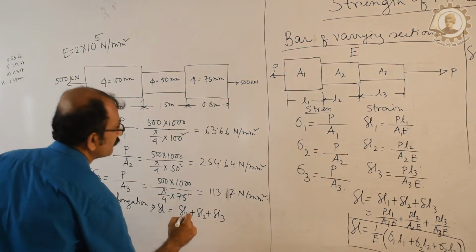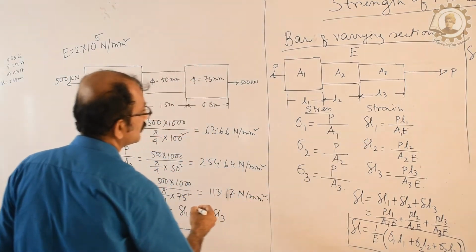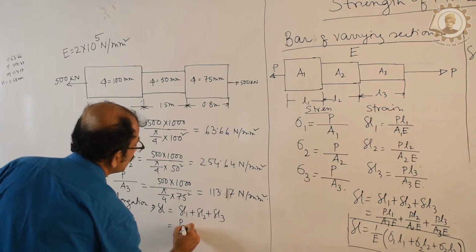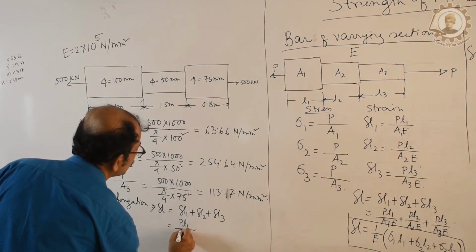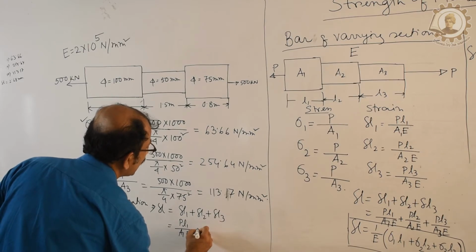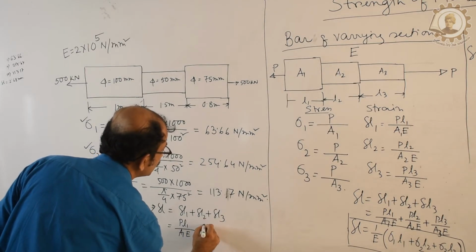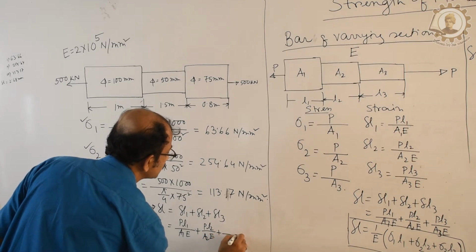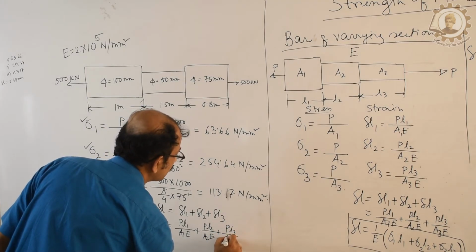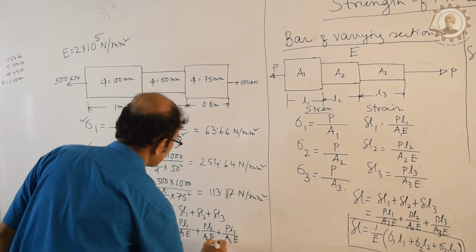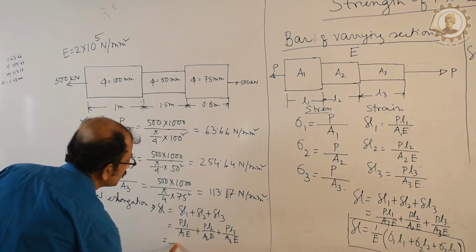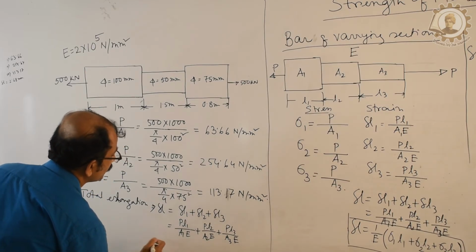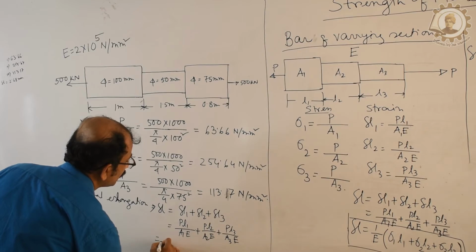So that is PL1 by A1E plus PL2 by A2E plus PL3 by A3E. Now E is common, 1 by E.